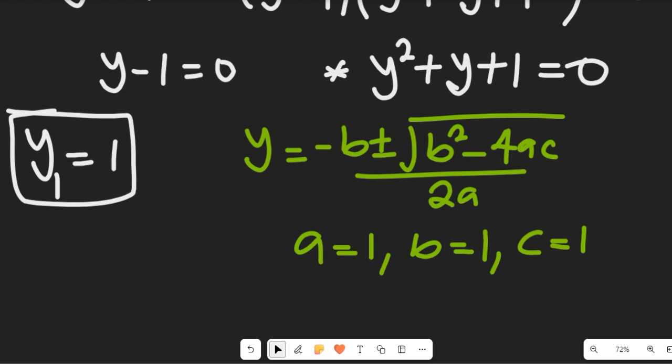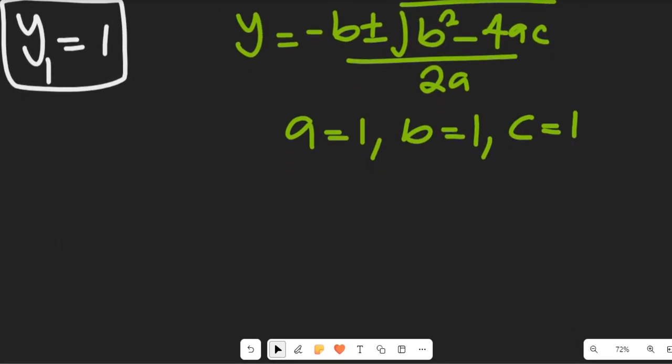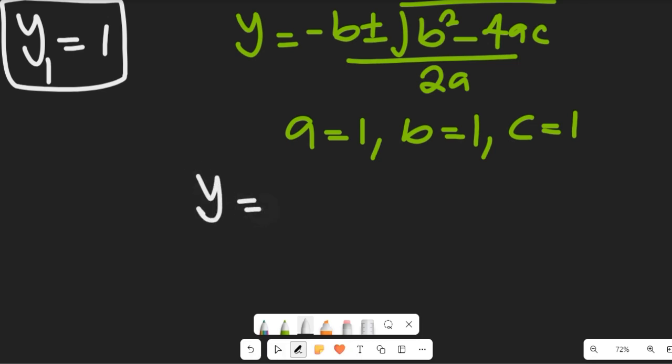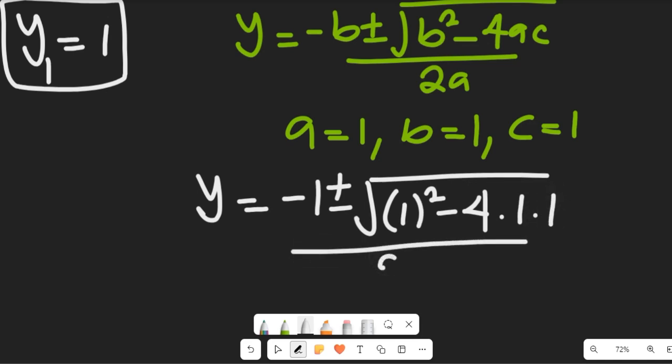So if we substitute those terms into that expression, you come to see that the value of y will be equal to negative 1 plus or minus square root of 1 square minus 4 multiplied by 1 multiplied by 1, divided by 2 multiplied by 1.